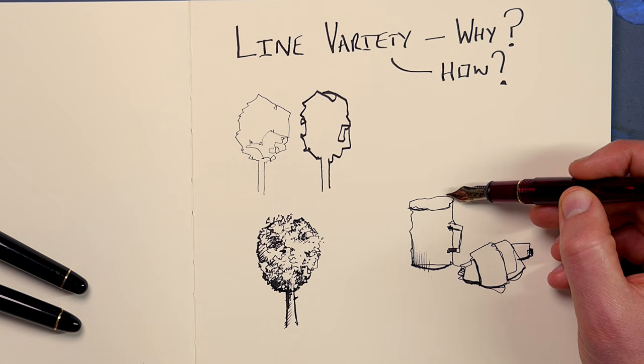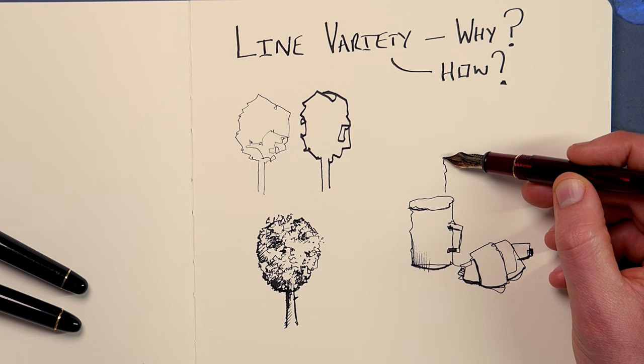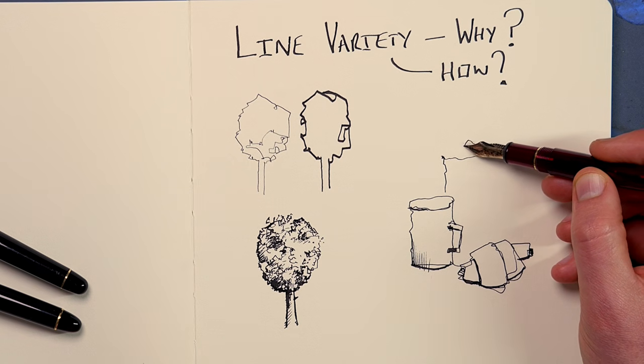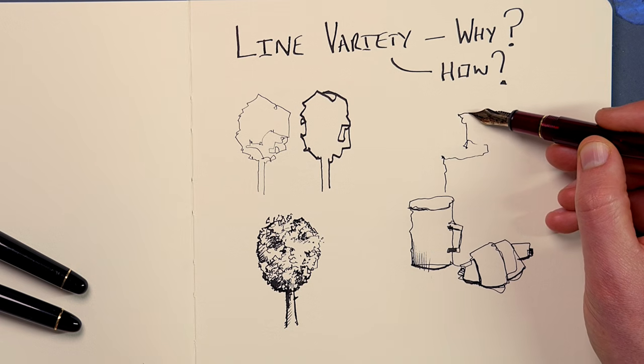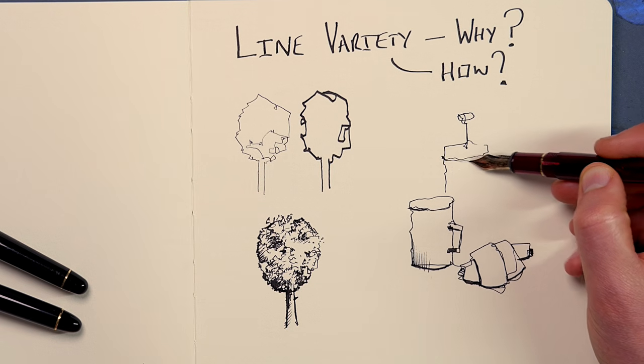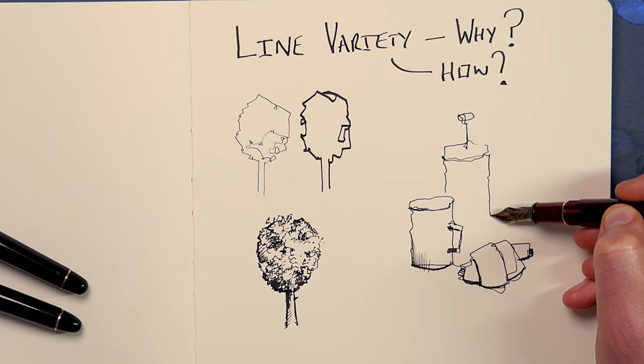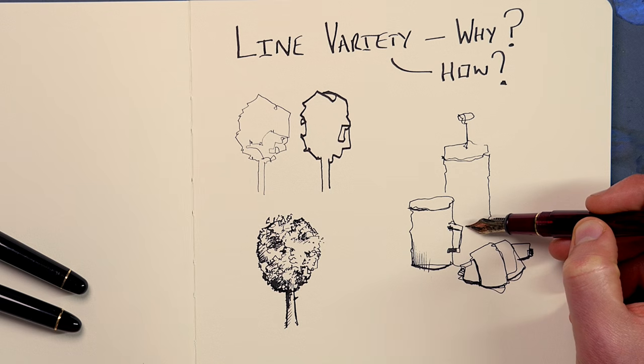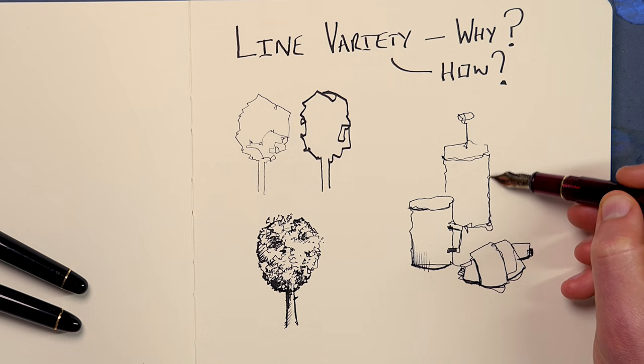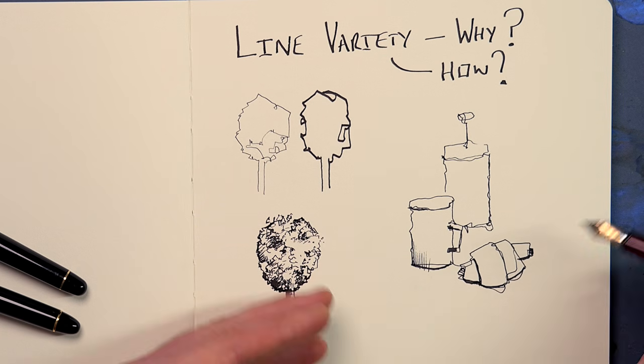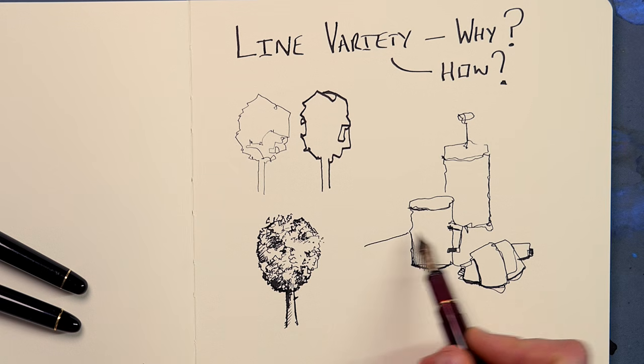Certainly, if I was to add maybe my cafetiere into the background, if I keep it nice and light, compared to these bold marks in the foreground, it feels so much more distant. It feels like it's further back in the scene.